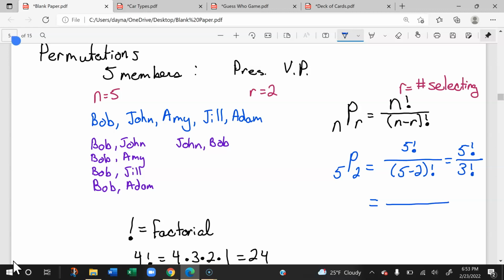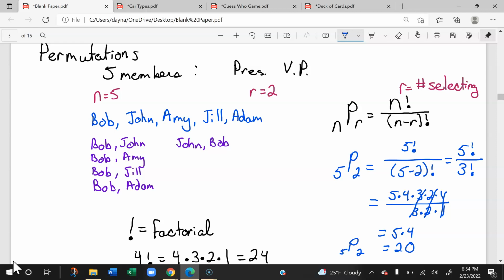Now if we think about 5 factorial, that's 5 times 4 times 3 times 2 times 1. 3 factorial is 3 times 2 times 1. And I can simplify this by marking out 1 for 1, dividing out, and I would end up with 5 times 4, which is 20. So 5P2, so permutations, I would end up with 20.